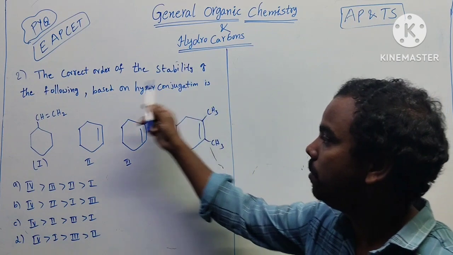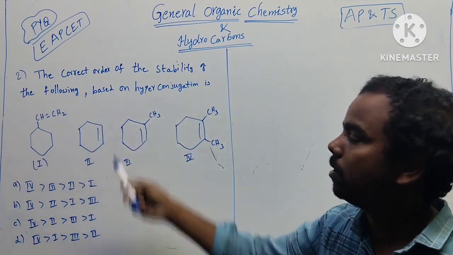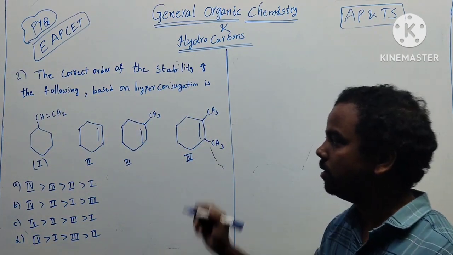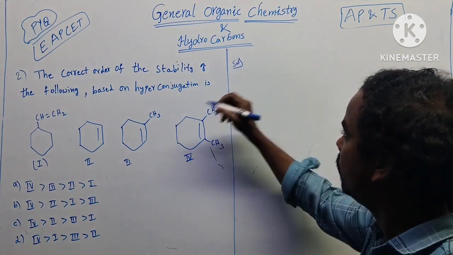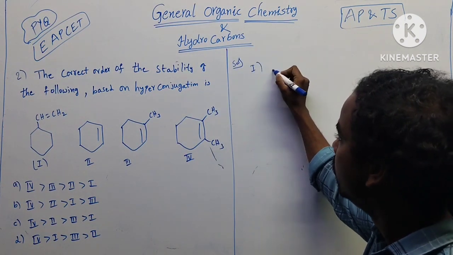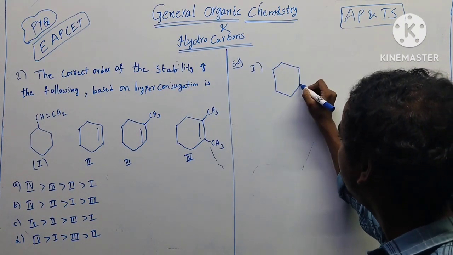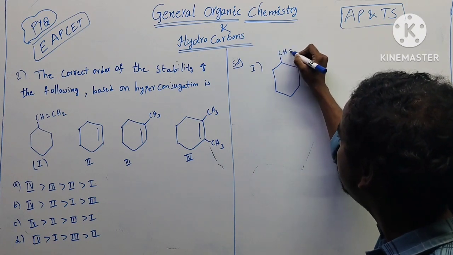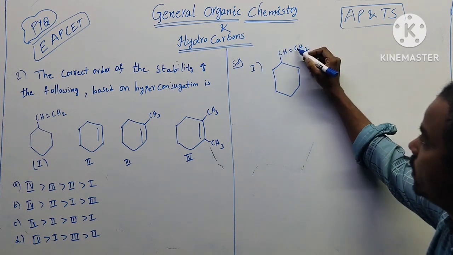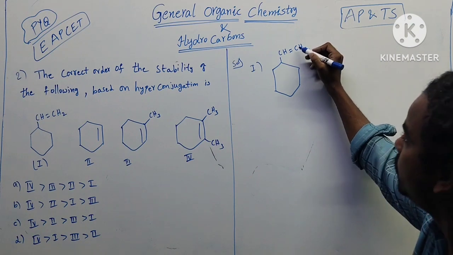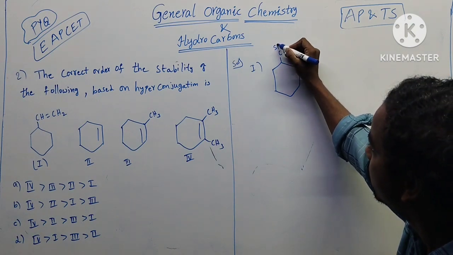The correct order of stability based on hyperconjugation. Again hyperconjugation, the same model question. If you observe the first one, cyclohexane containing CH double bond CH2. Here CH2 double bond CH is sp2 carbon.